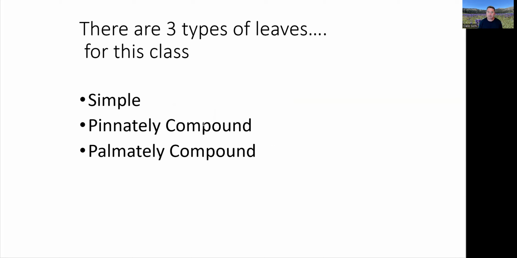Okay, let's talk about types of leaves. So for this class, we're really talking about 3 different types of leaves. I added one additional, but whatever. It's another compound leaf. So there's simple leaves, pinnately compound leaves, and palmately compound leaves.